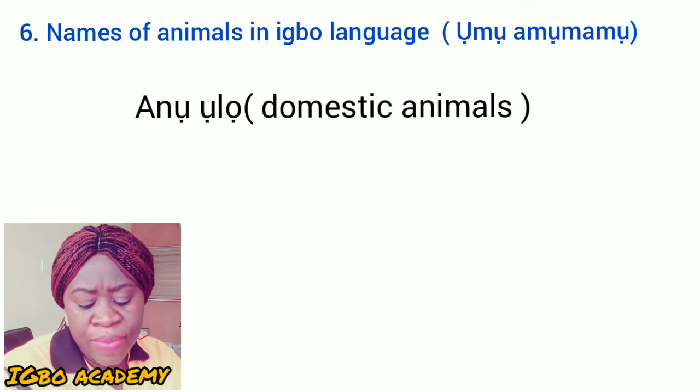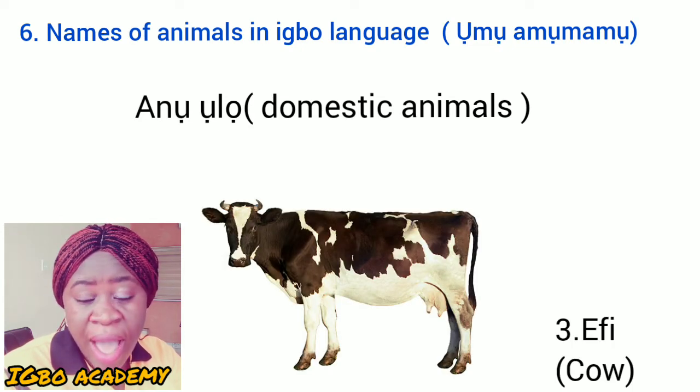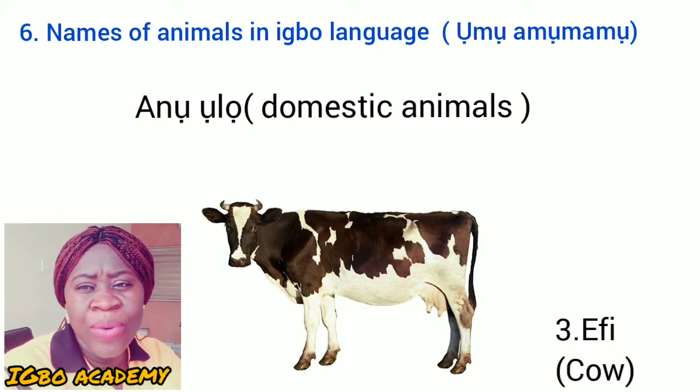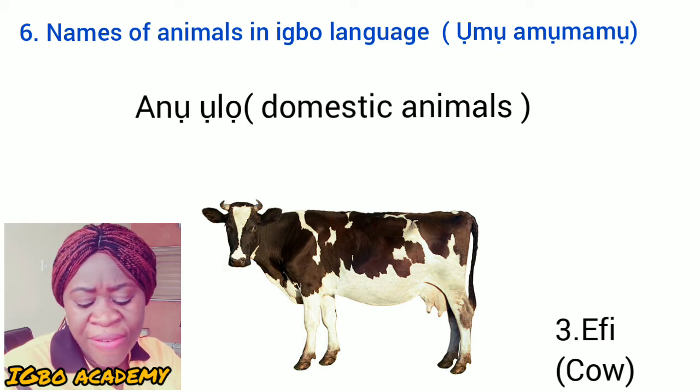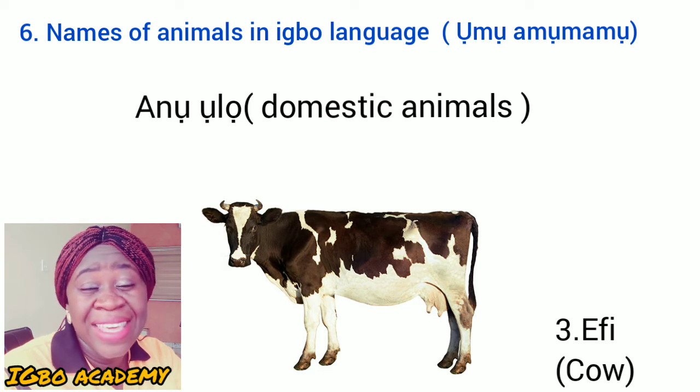Number three, cow. Cow is called efi or ehi.